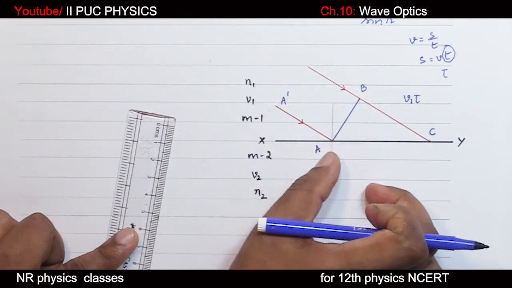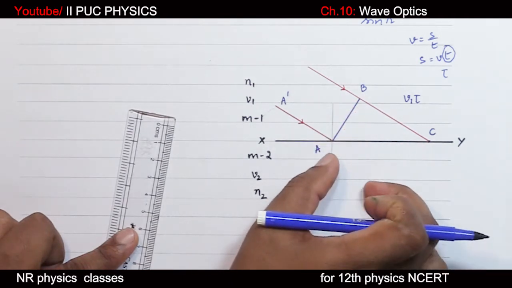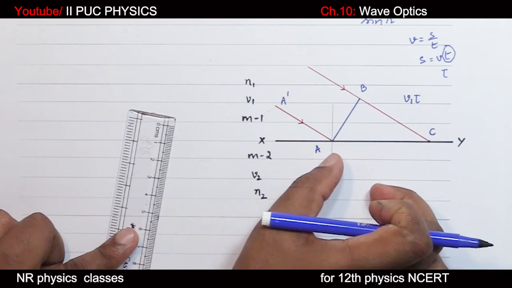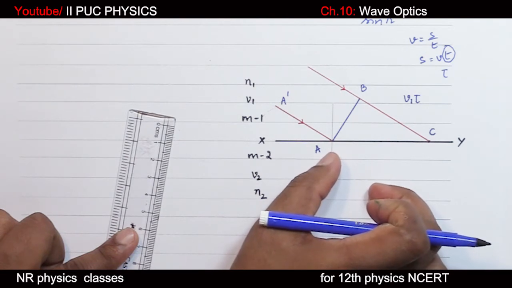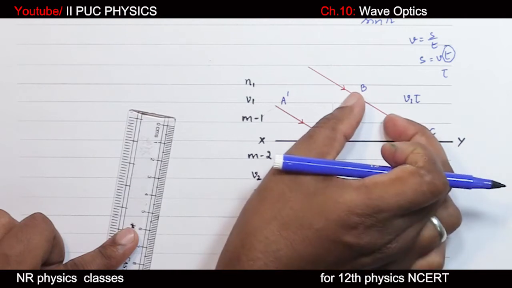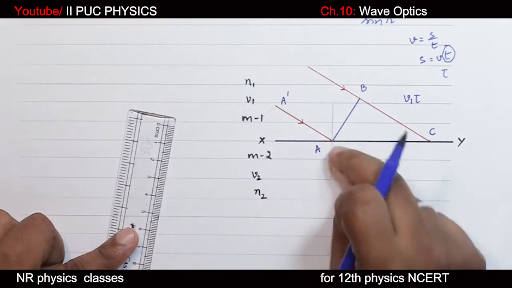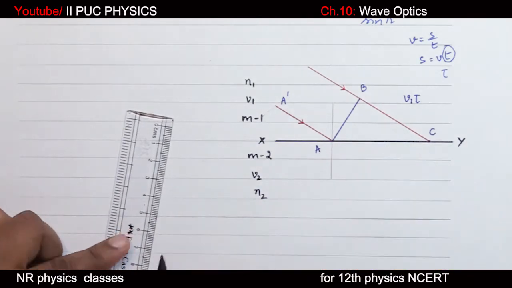Diagram looks nice. Please understand, students. To make this diagram look proper, let me take half of BC. So keeping half of BC as radius, let me construct an arc.